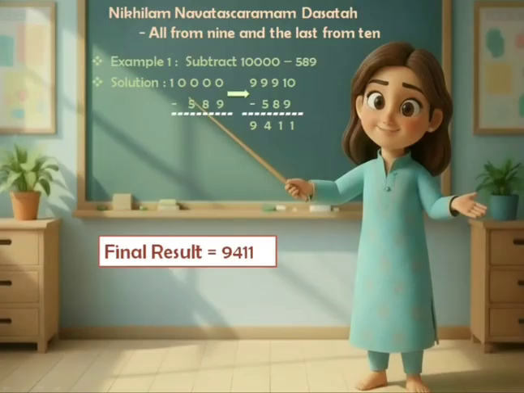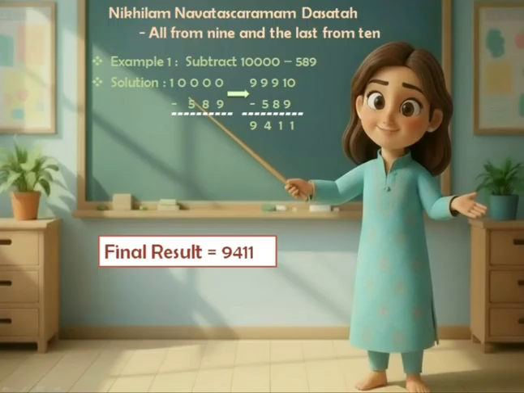Let's do a first example. Subtract 589 from 10,000. Step 1. Write 10,000 in complemented form: 9, 9, 9, 10.